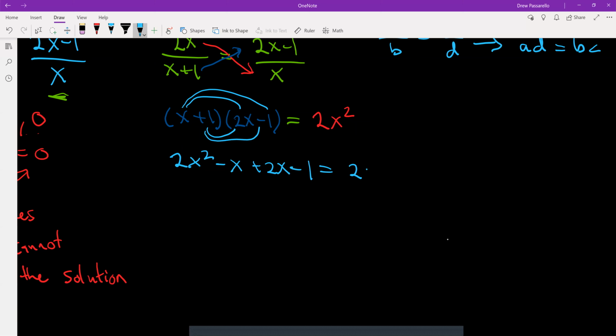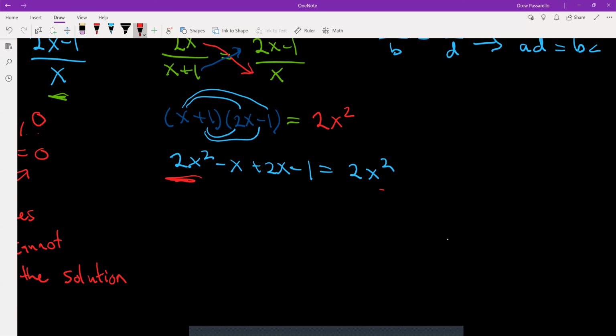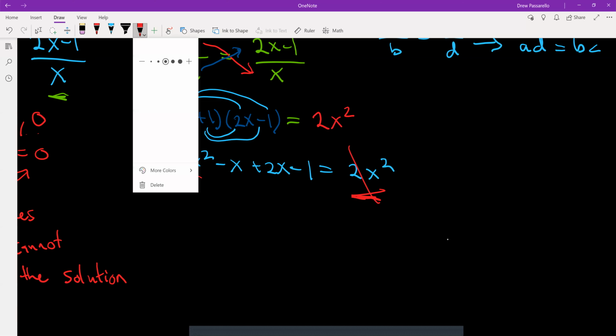And that's equal to 2x squared. Notice I have 2x squared on both sides. If I subtract 2x squared, they cancel each other out. So you could really just ignore the 2x squareds.